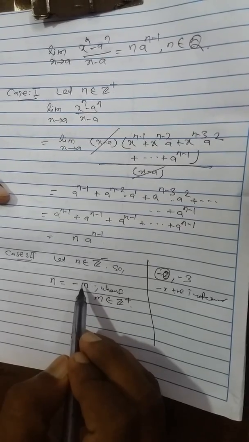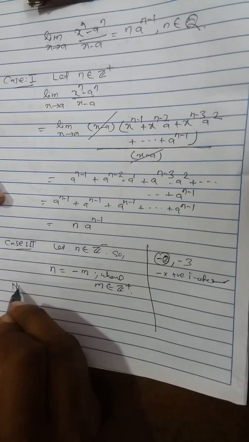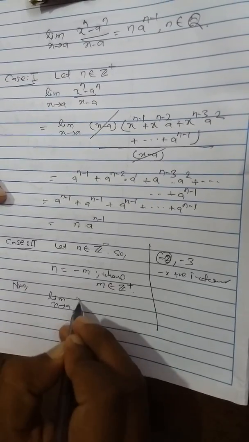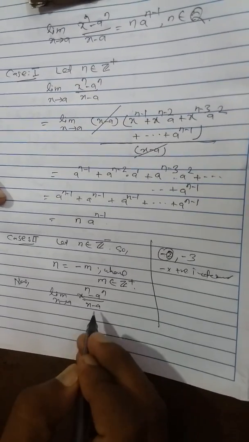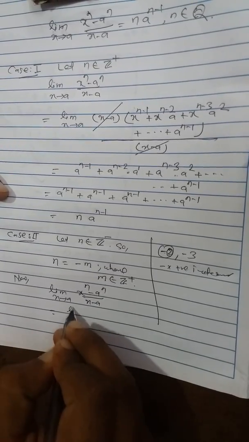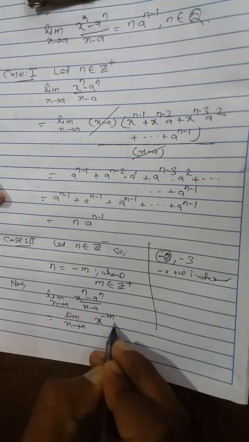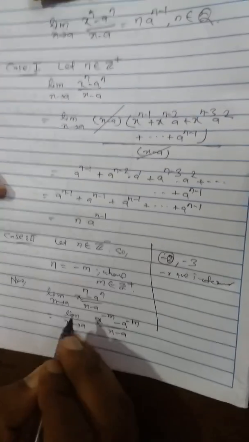Now what's our LHS? Our LHS is the limit x tends to a, x to the power n minus a to the power n divided by x minus a. Let us replace n by minus m. This becomes the limit x tends to a, x to the power minus m minus a to the power minus m divided by x minus a.